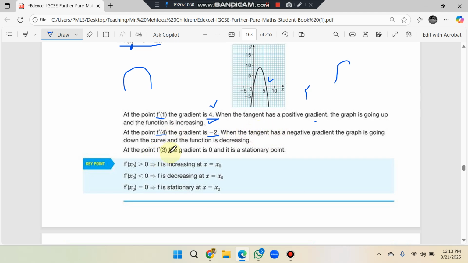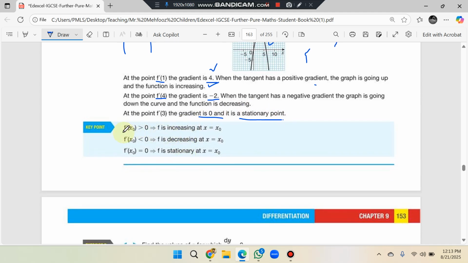At the point f prime of 3, the gradient is 0 and it is called the stationary point. Stationary point means that here the function is neither increasing nor decreasing. So the key points are: if f prime of x naught, a specific value, which can be 1, 4 or 3, is greater than 0, it is positive, then the function is increasing at x equals that point.